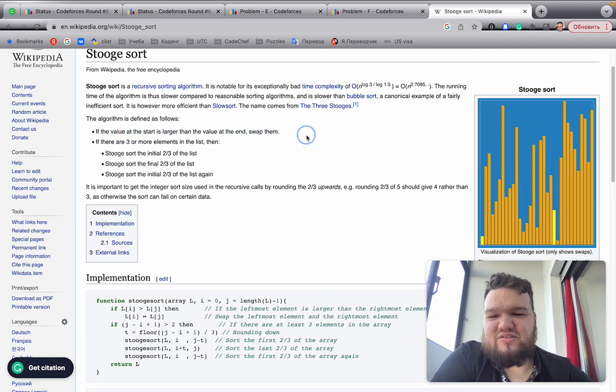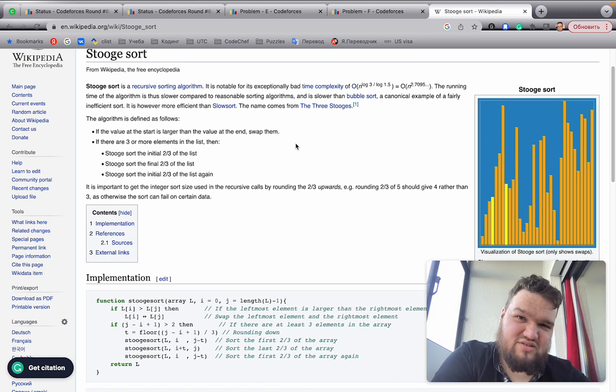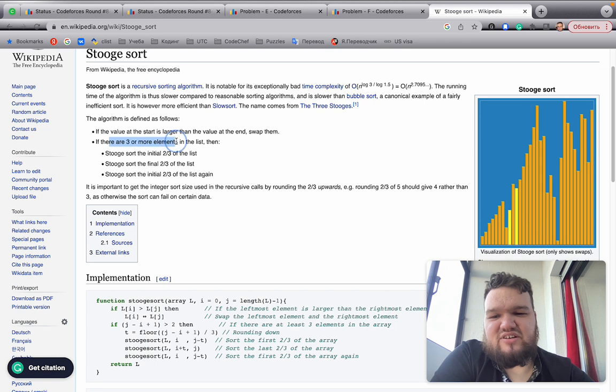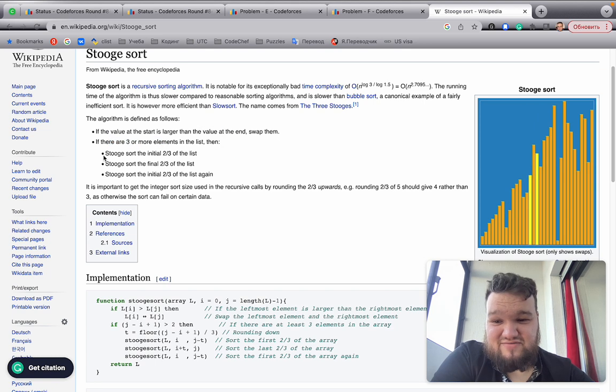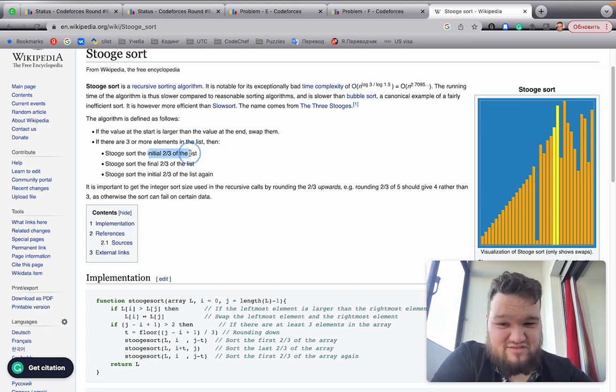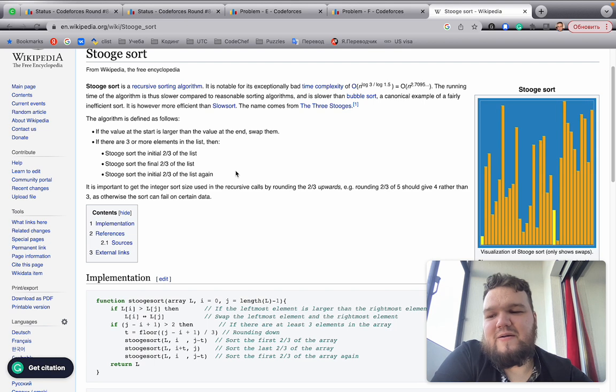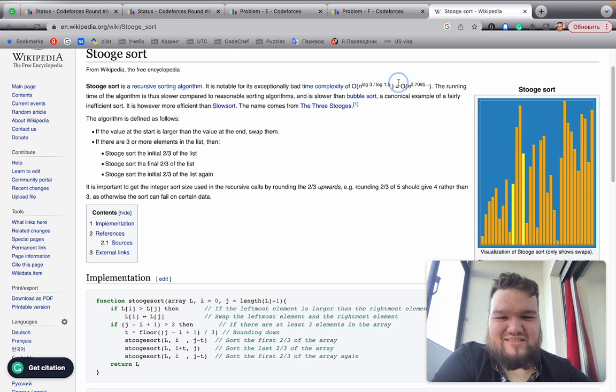If there are at least three elements, then we recursively sort the first 2/3, then we recursively sort the last 2/3, and then recursively sort the first 2/3 again.